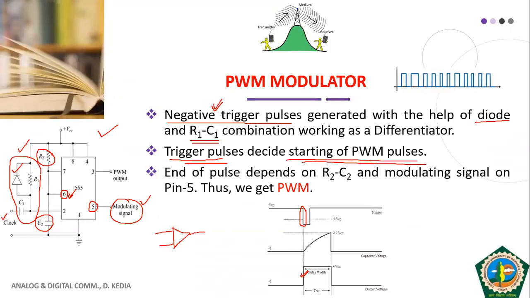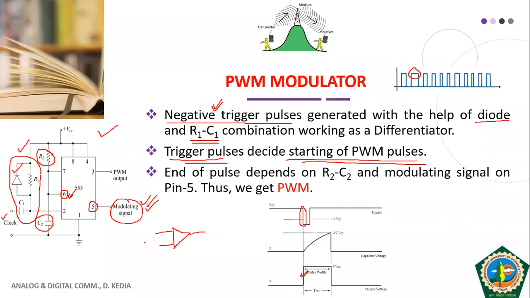So obviously in PWM, what we want is that the width of the pulse must be in accordance with our modulating signal value. So we will have to generate the width of the pulse in such a way that the capacitor is charged for the duration which is proportional to the value of the modulating signal.